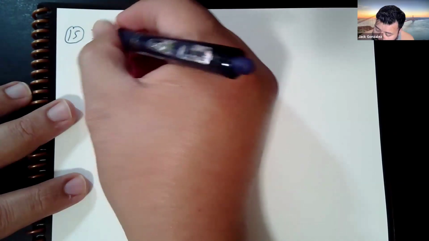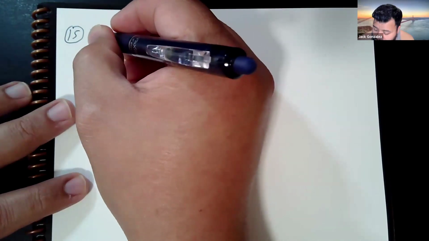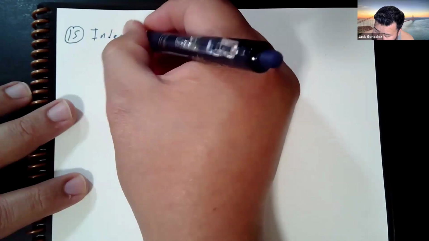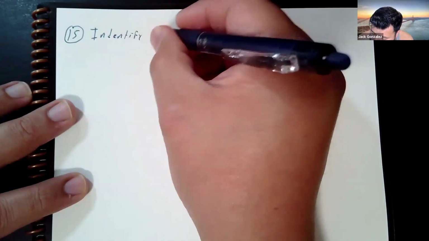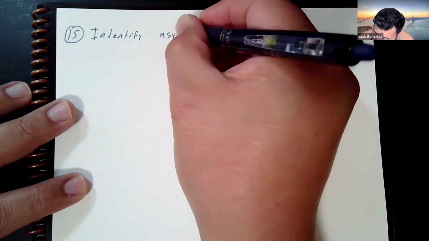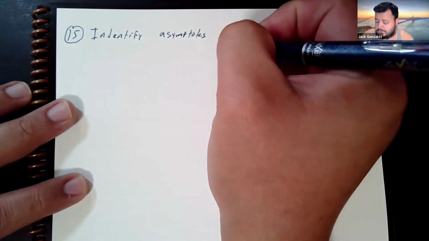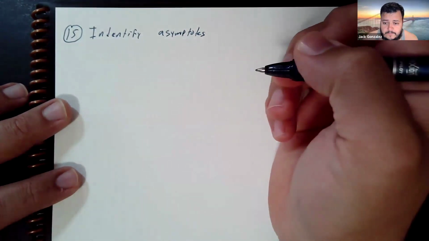In this one, they want us to identify the asymptotes. Remember that note I sent you on how to find asymptotes? I would open it up if you have it, and I would also put that on your formula page or note page.